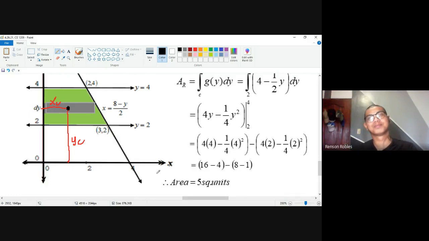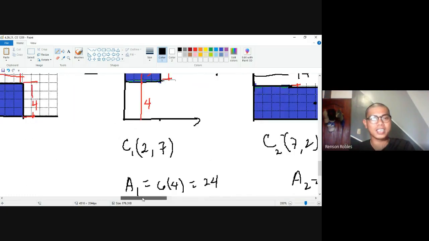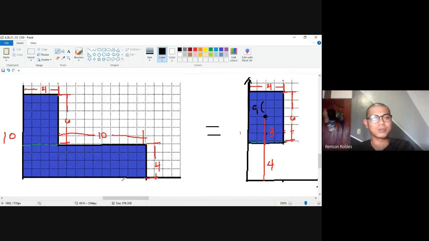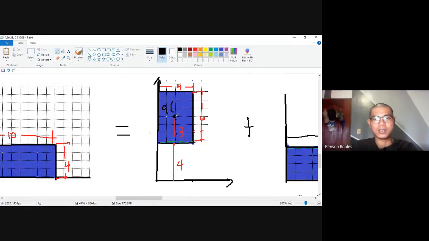And then you recall kanina, ano yung ginawa natin kapag kumukuha tayo ng centroid, what are we doing? Ito, from here until here, paano nakuha?